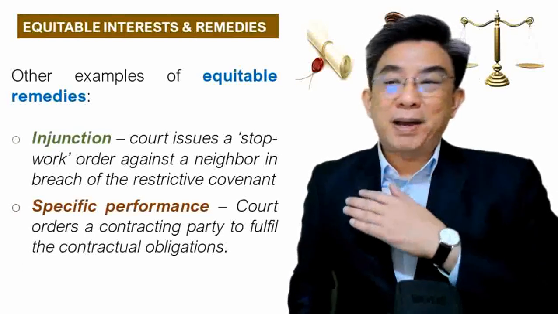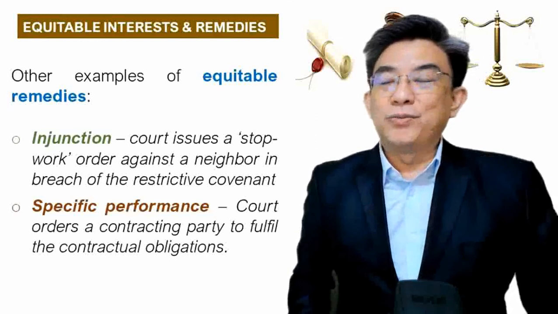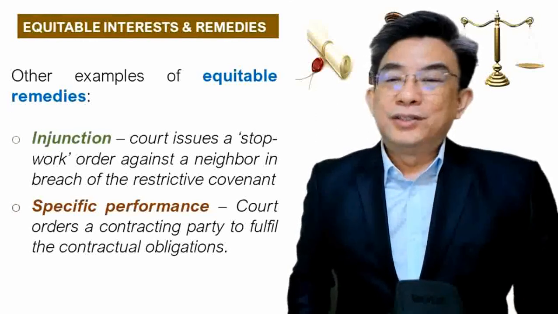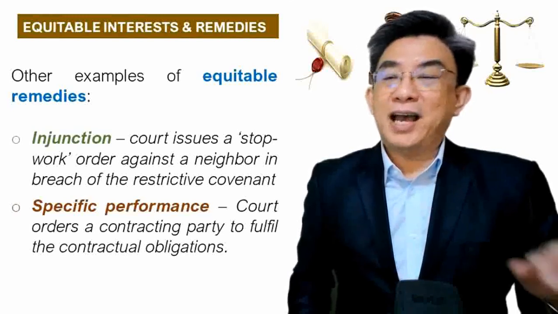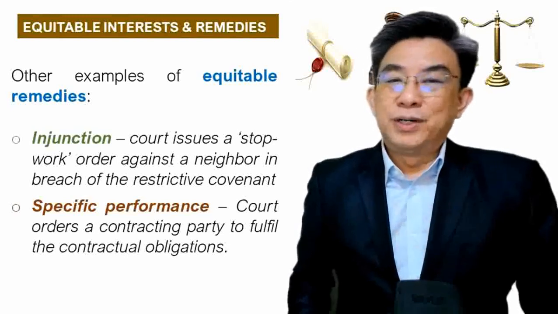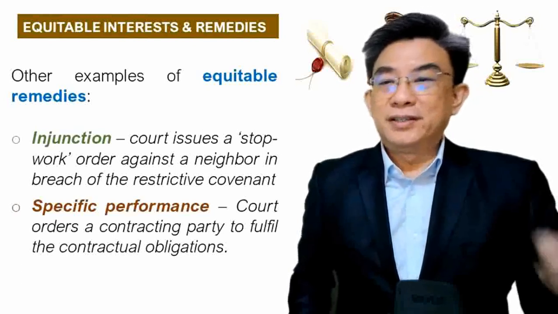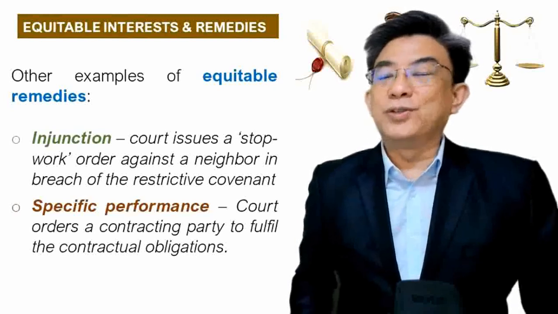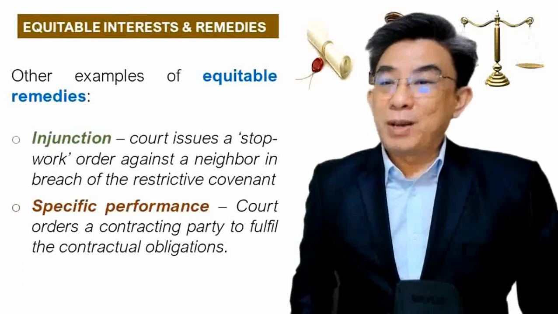Of course, somebody may back out later, but the court doesn't care. It's at the point when you went into the contract: did you have the intention to enter into it? If yes, and the other elements of a contract were present at that point, the court will say to the party in breach, sorry, you cannot back off, please continue to perform the contract. That is called an equitable remedy.